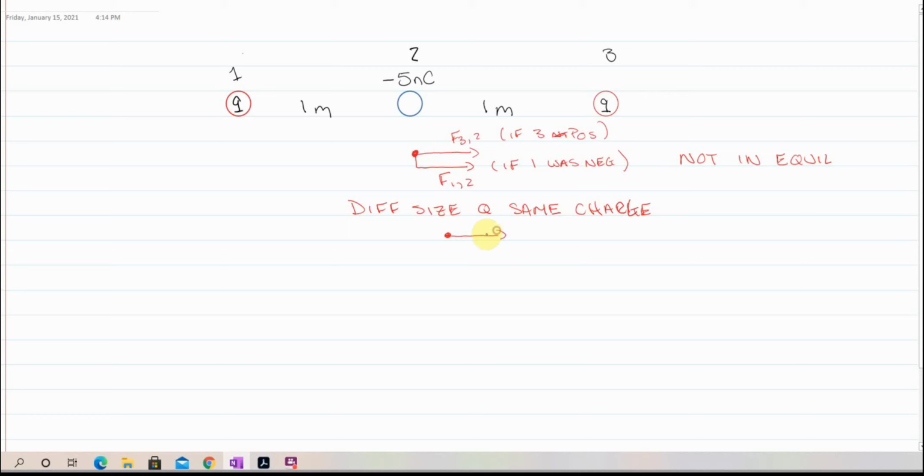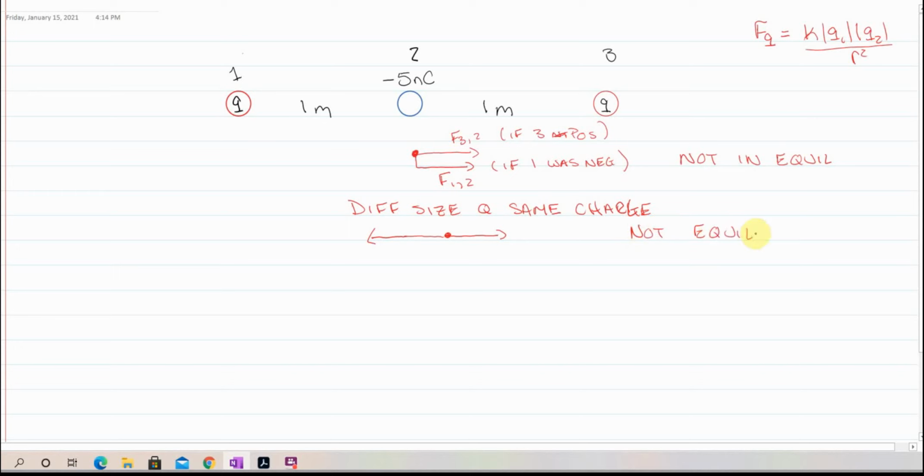I'm going to have a force vector going this way and a force vector going this way, but one of those vectors is going to be larger because remember, we define the force between 2 charges as the electrostatic constant and the magnitude of each charge times the other, divided by the distance squared. So if Q1 or Q3 is larger, I'm going to have a larger force vector. So this also would not be in equilibrium.